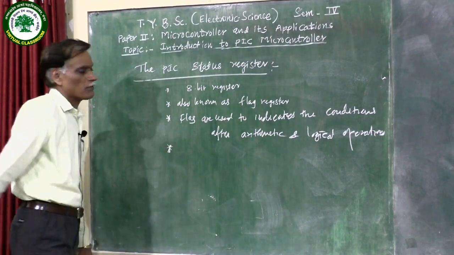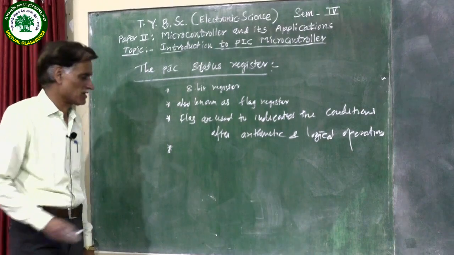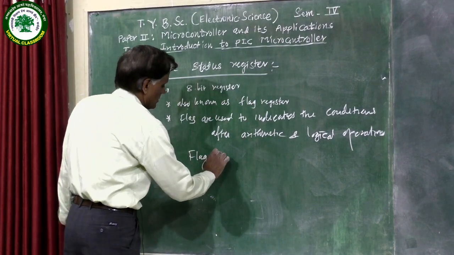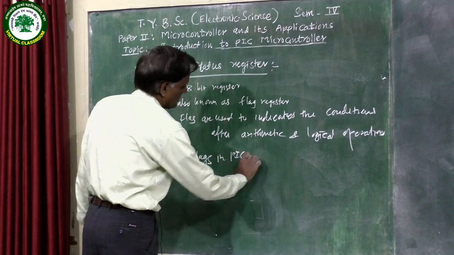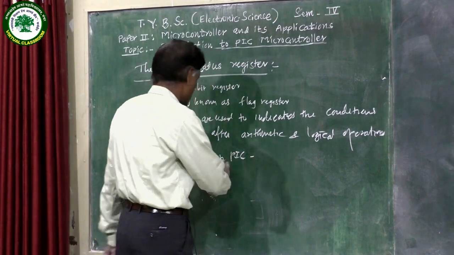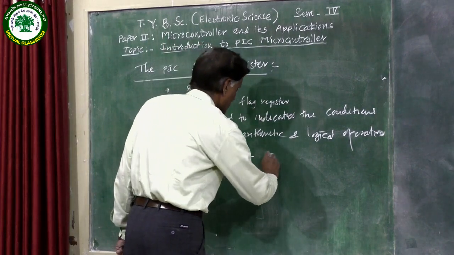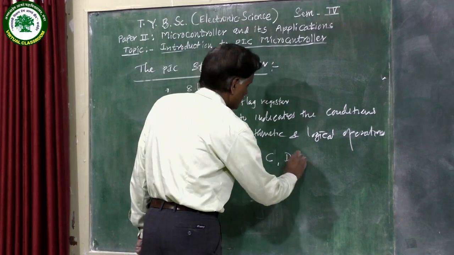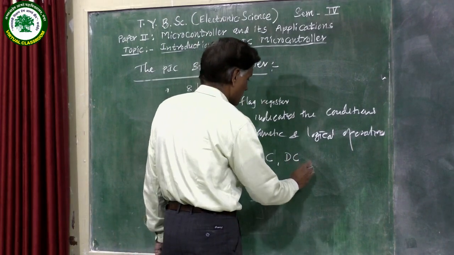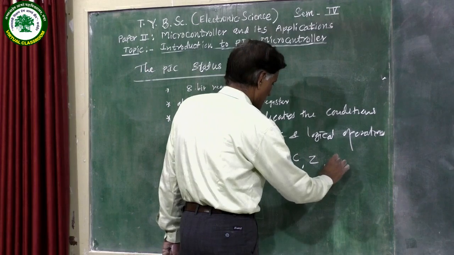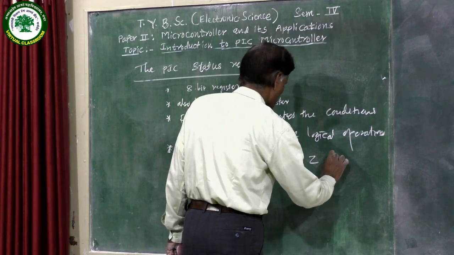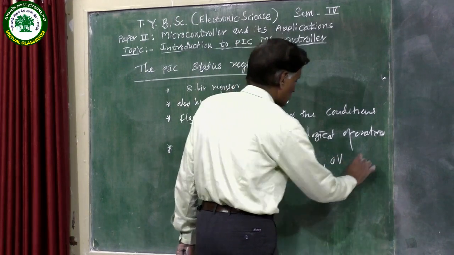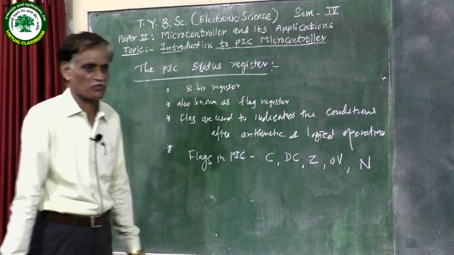As far as the PIC status register is concerned, there are different types of flags. The different types of flags are the carry flag, then the digit carry flag, then the zero flag. The next one is the overflow flag, and the last one is the negative flag.